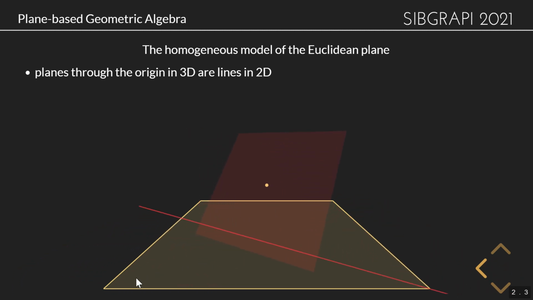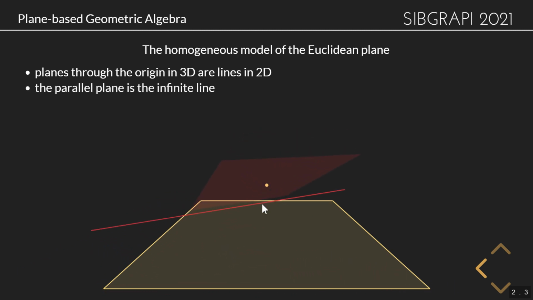You can imagine that if you take any line in the plane here, you can always construct this plane through the origin. And when you take the entire set of those planes, you would have almost all of the planes through the origin, but not all of them, because there is of course one plane that doesn't cut the projective plane. So it cannot be associated with a Euclidean line in this Euclidean plane. What we'll do instead is associate it with an infinite line.